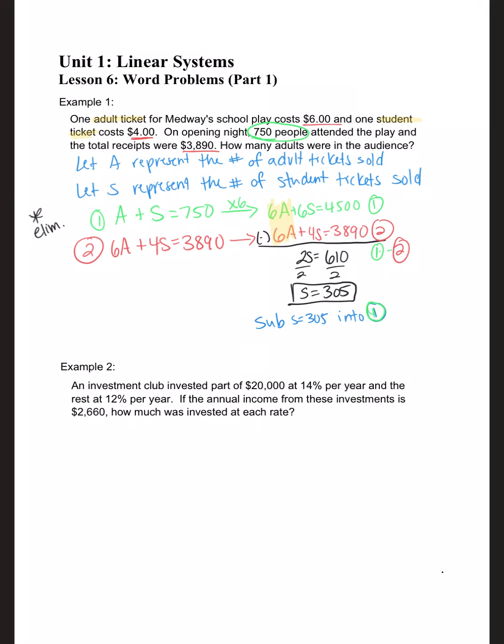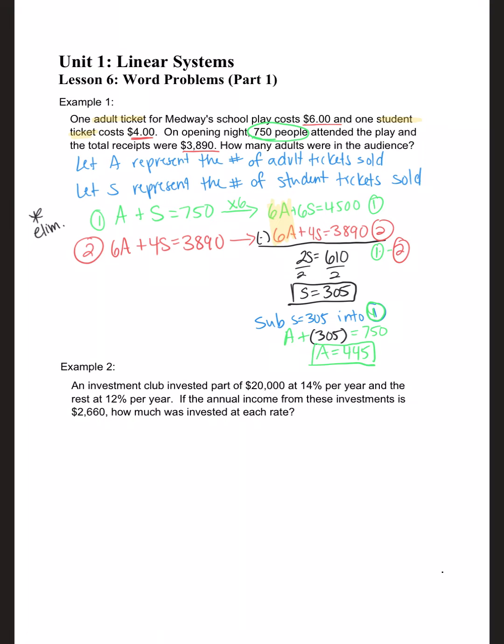So equation 1 is A plus, and then instead of S, we're going to put our brackets there, and we're going to substitute in that 305. And then we'll subtract 305 from both sides, and we'll get that the adult tickets are 445.